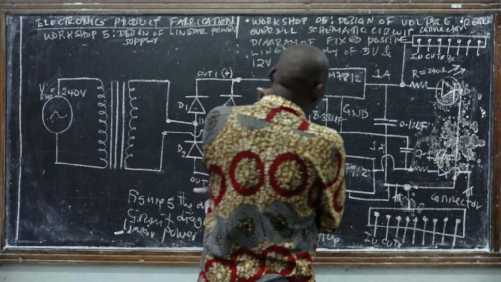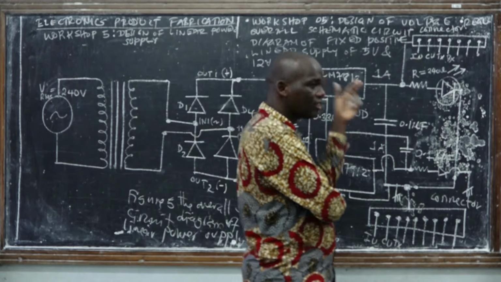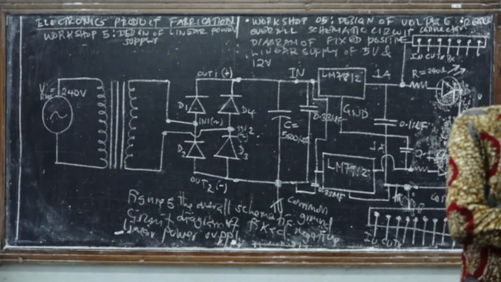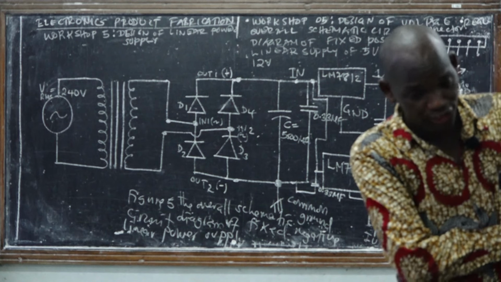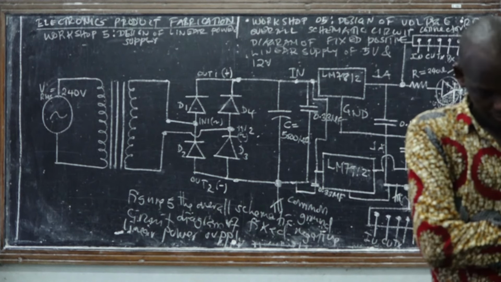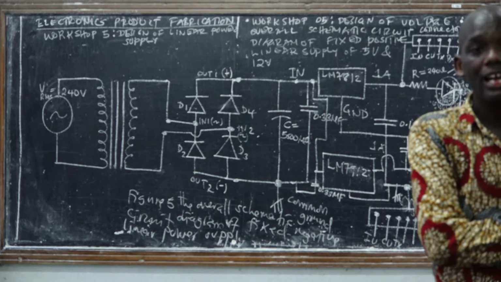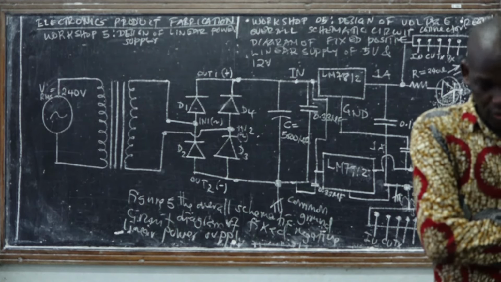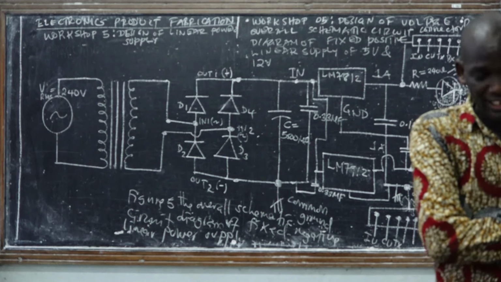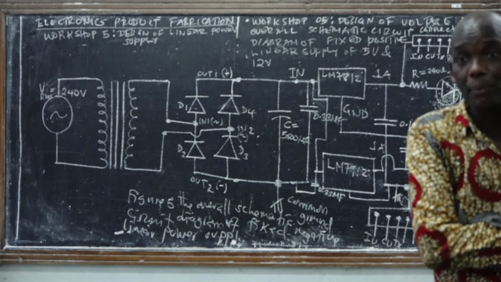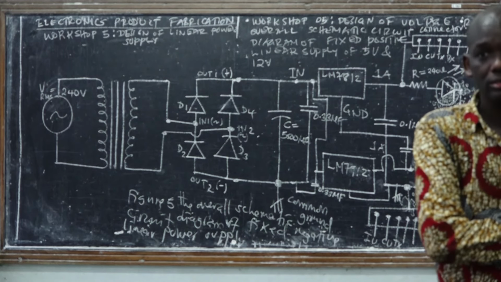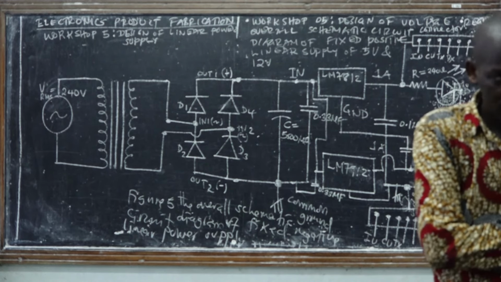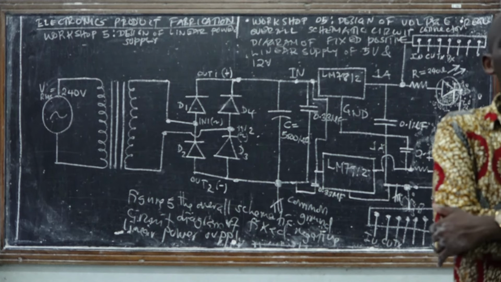Remember, each voltage regulator, whether you are using 2, 3 or 4, needs 2 ceramic capacitors connected in parallel. Are we together? So we cannot connect 2 voltage regulators in series to design a linear power supply. Forget about that. We connect them in what? In what? Any question about what you have learned?